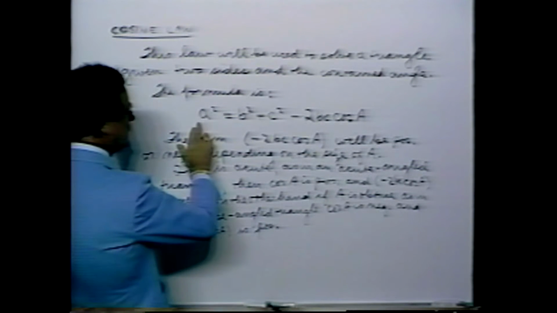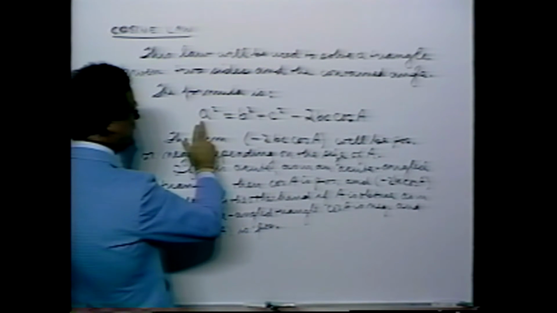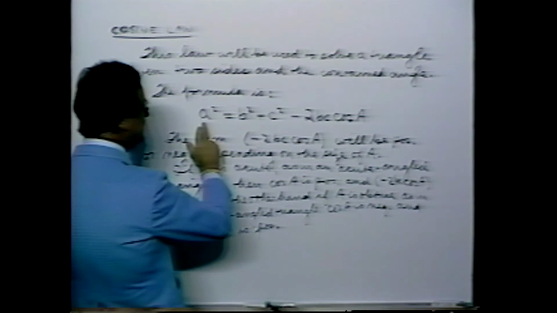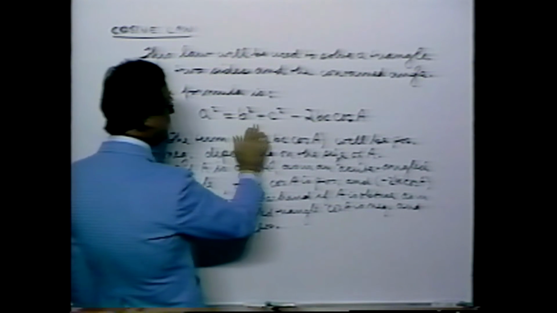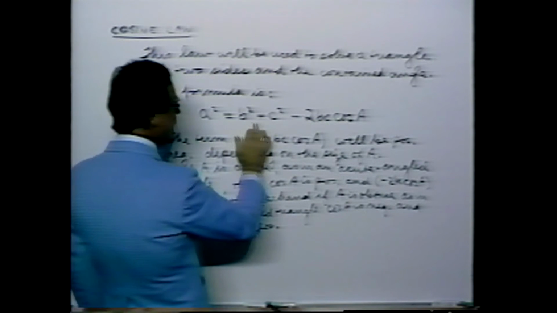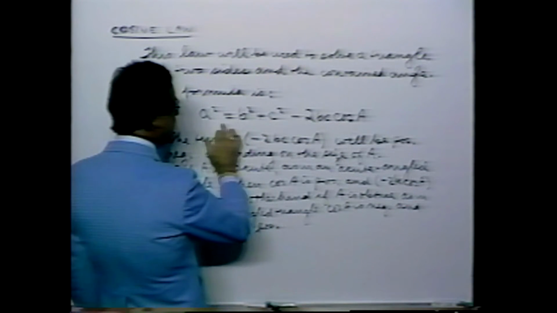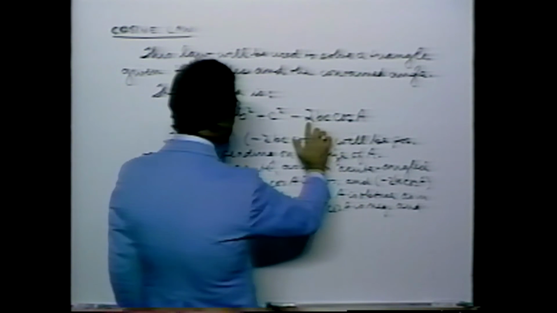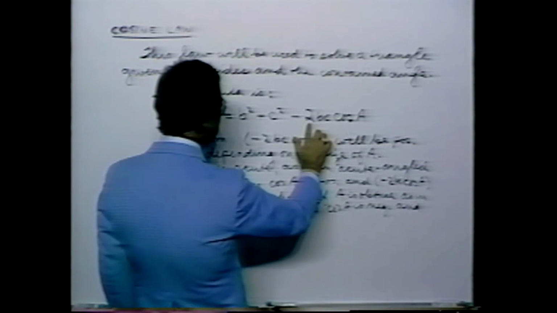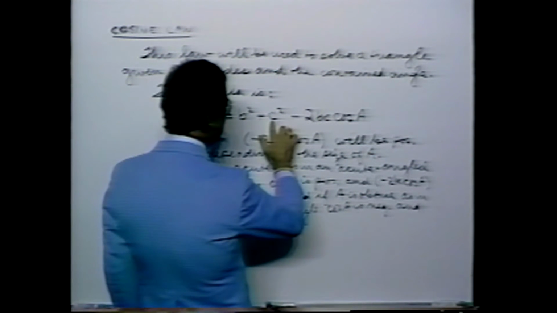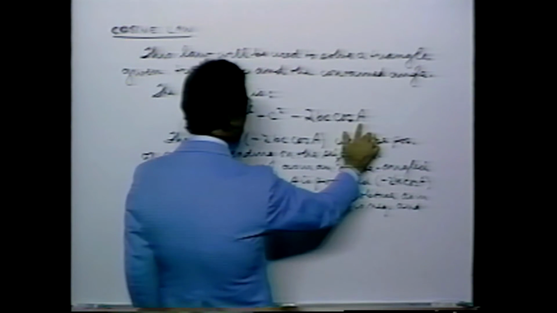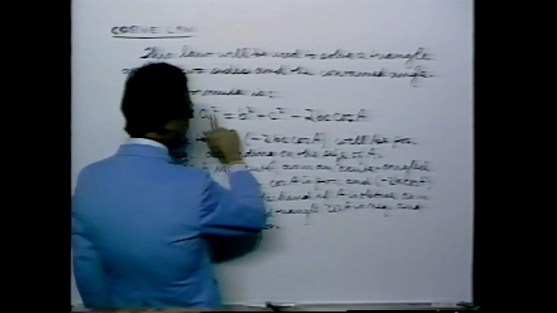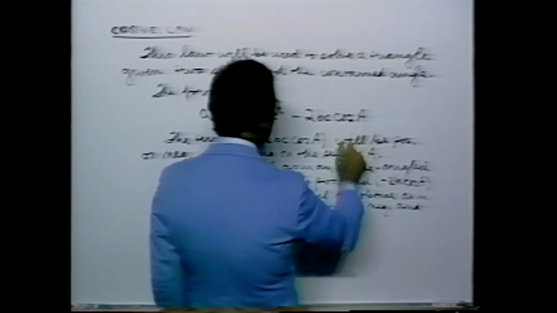And think of it in this fashion to help you memorize it. Think of the first three terms as part of the Pythagorean theorem. The other term is constructed this way. It's negative 2 BC cos capital A. And here you have small a, and so there you will have capital A.